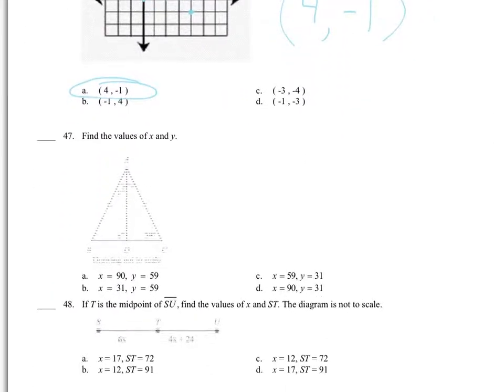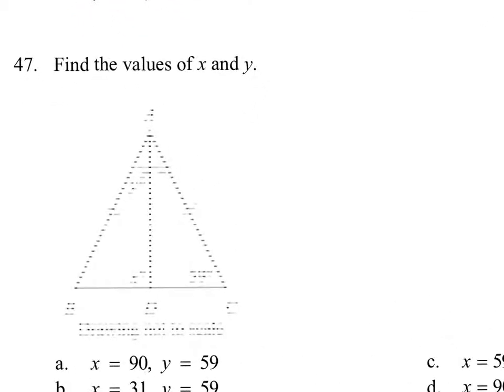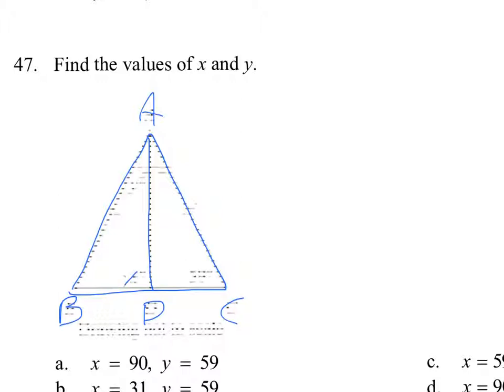Okay, 57. It's hard to read this, so let's go ahead and redraw that so you can see it. We have A, B, D, and C. We have X. We have 59 degrees here.